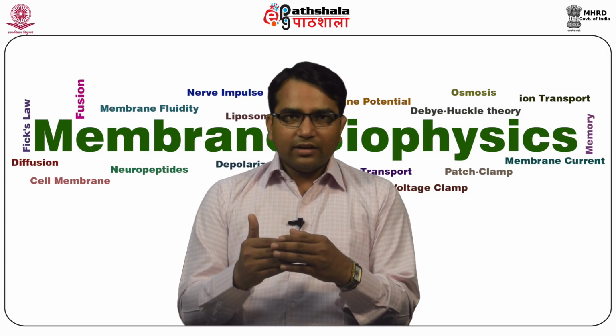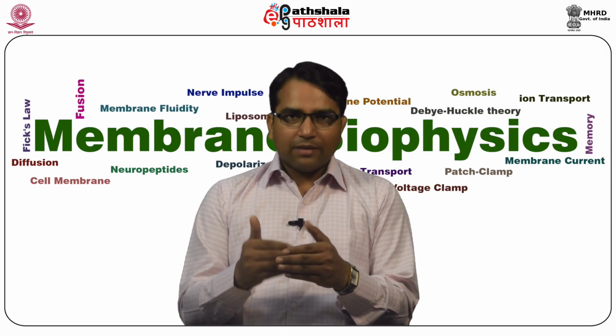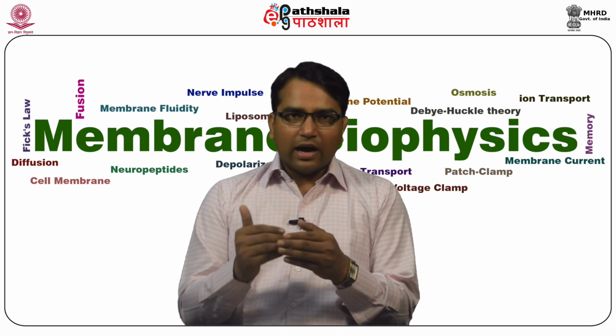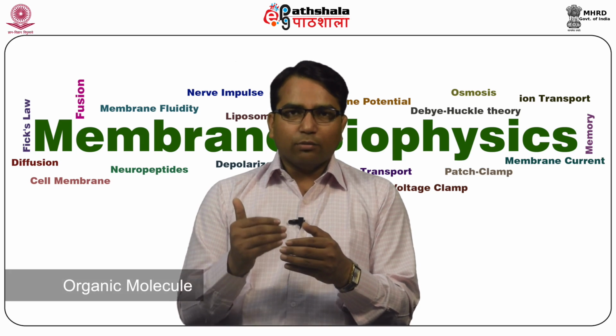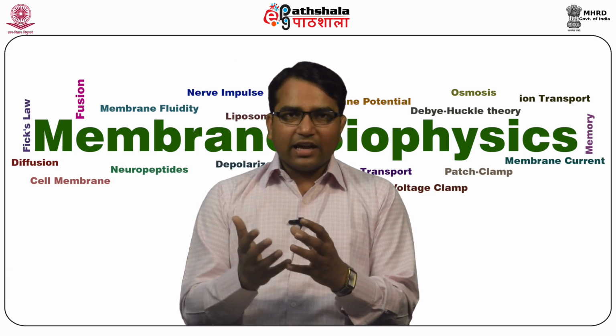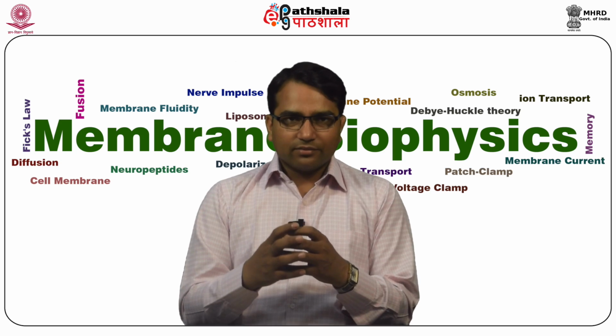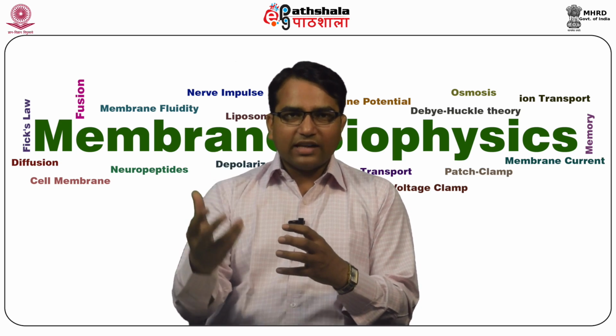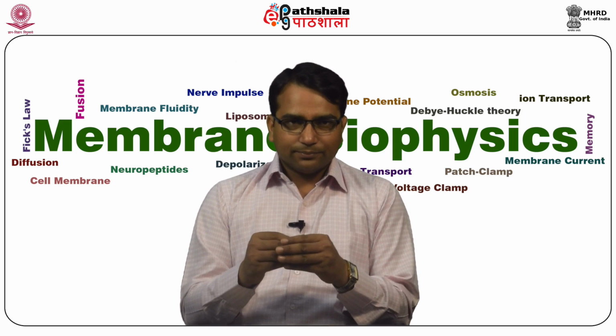So the cell membrane is a biological membrane or plasma membrane which is selectively permeable to ions and organic molecules. It separates the interior of the cell from the external environment, and the movement of substrates in or out of the cell occurs through this membrane.